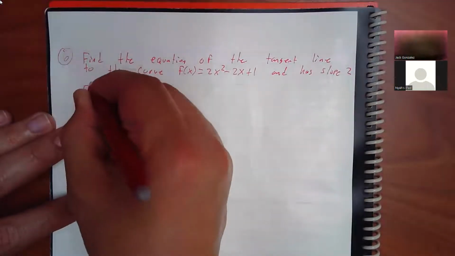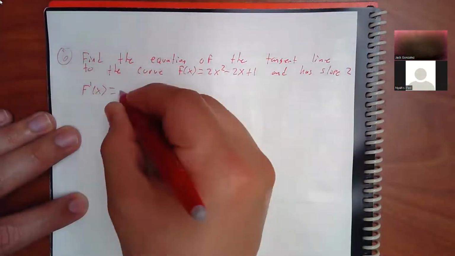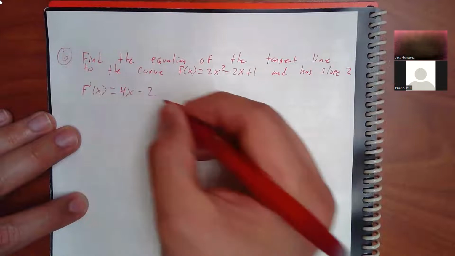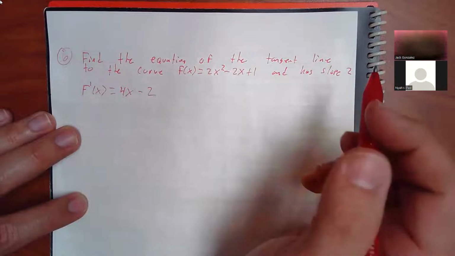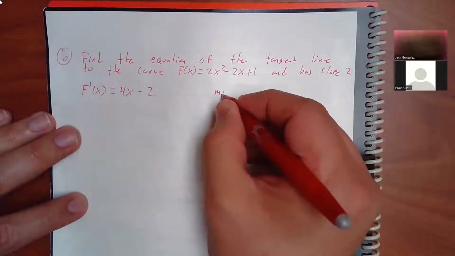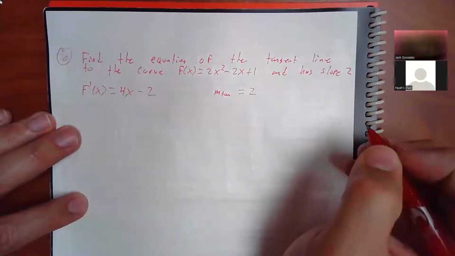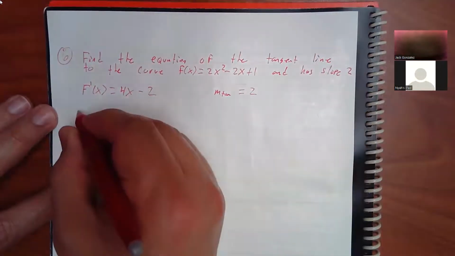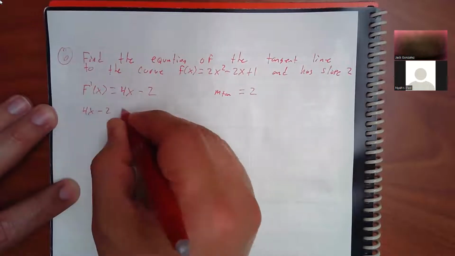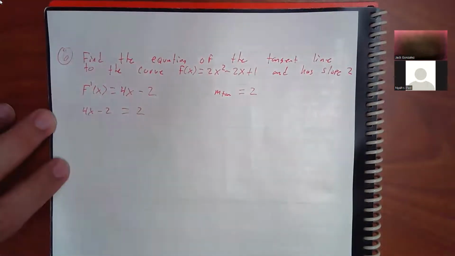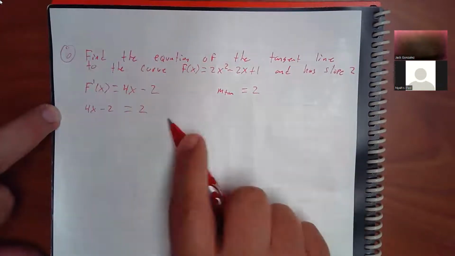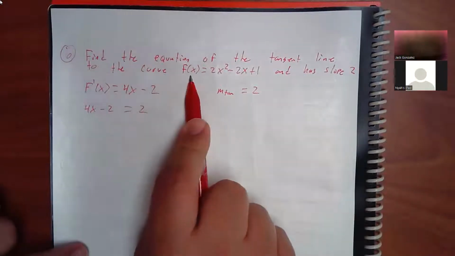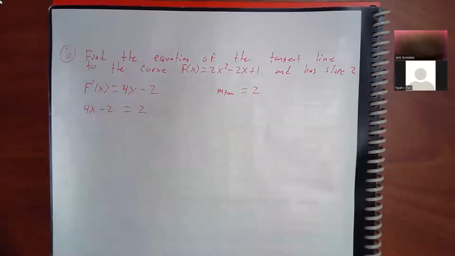First thing I need is the derivative. It's telling you that the tangent line has a slope of 2. So 4x minus 2 equals 2 will help me solve for the x value that gives me a slope of 2. And when I plug that x value into f, I'll have the y value.